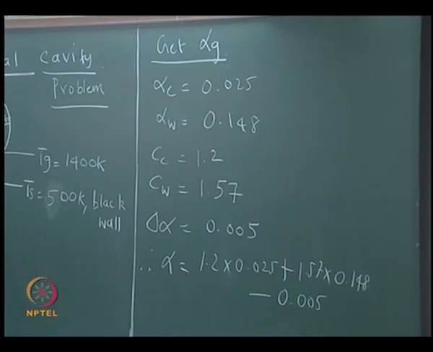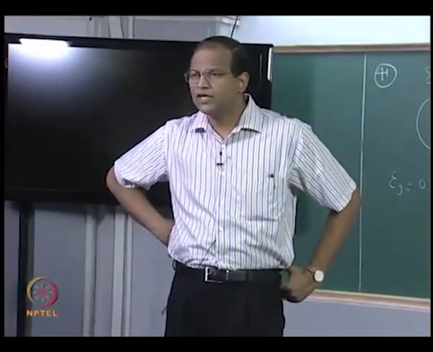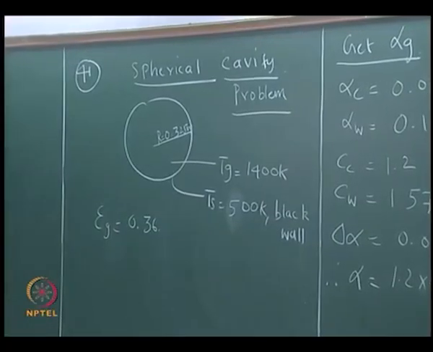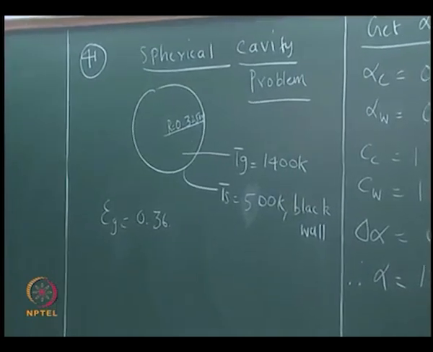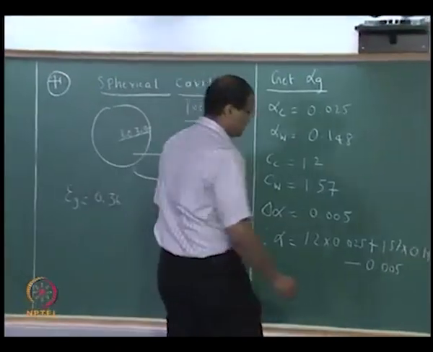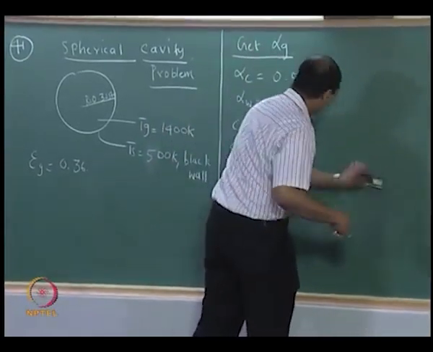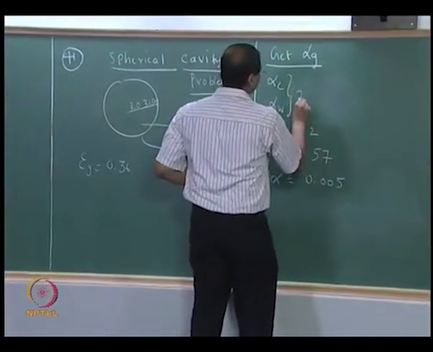Alpha C is equal to CC into epsilon C plus into correction factor. This is alpha C from the chart. I want this from the charts.